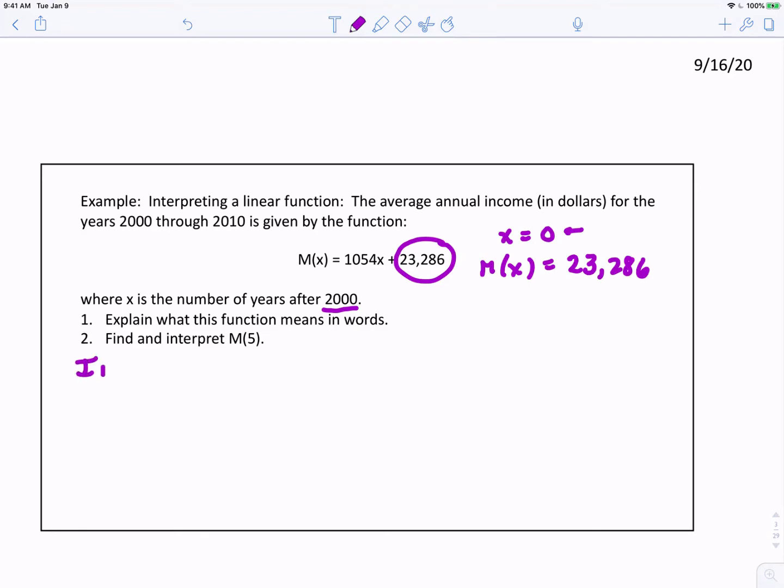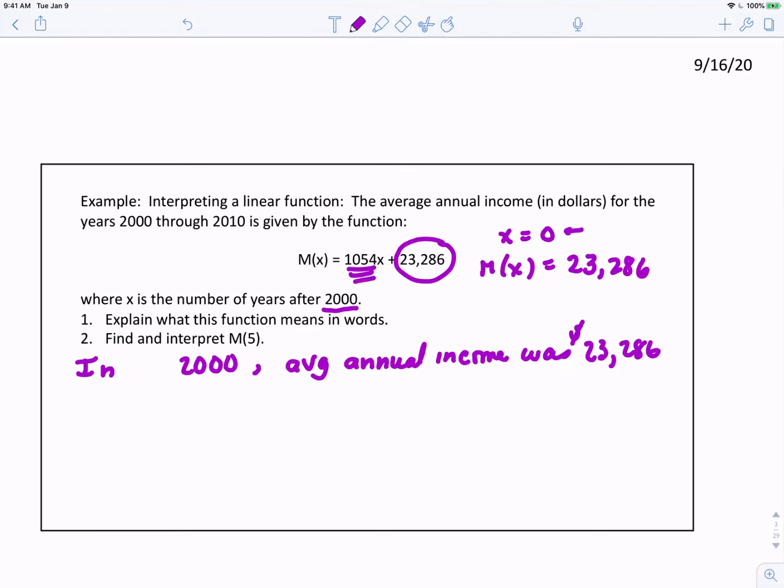In other words, in the year 2000, average annual income was $23,286.